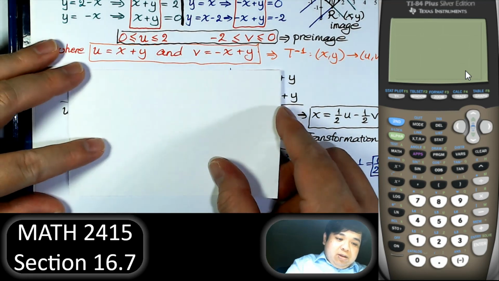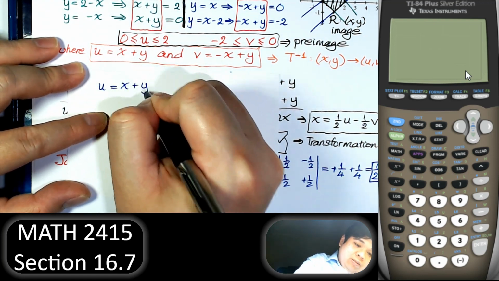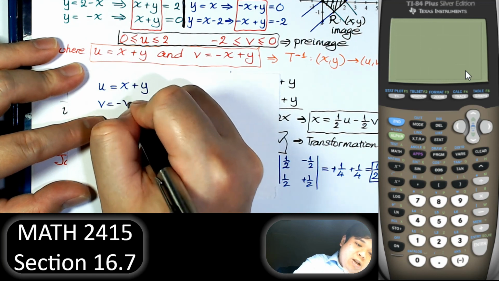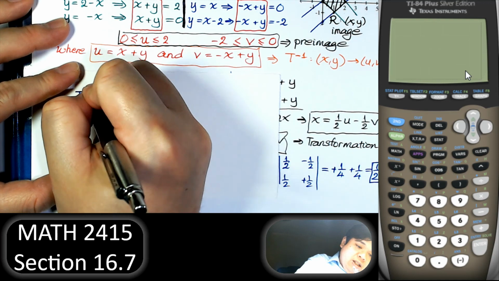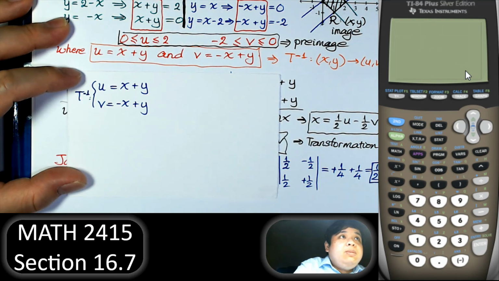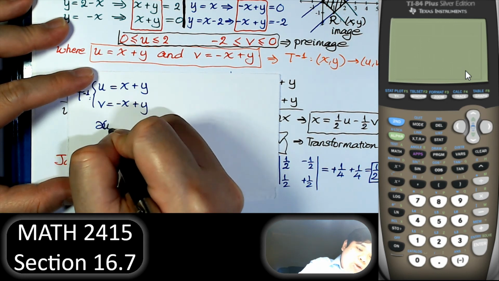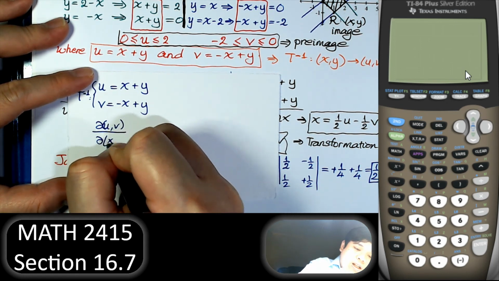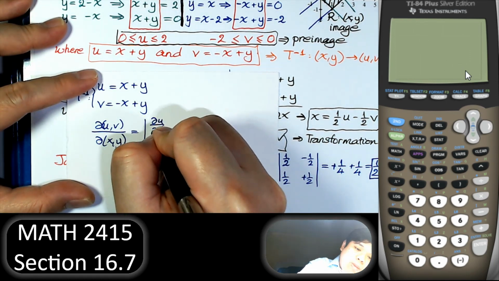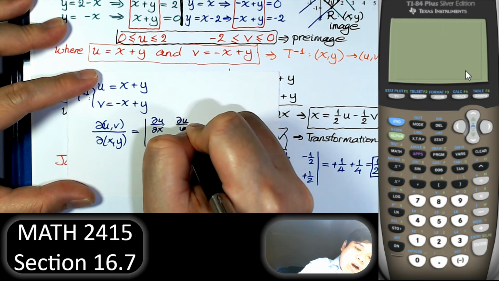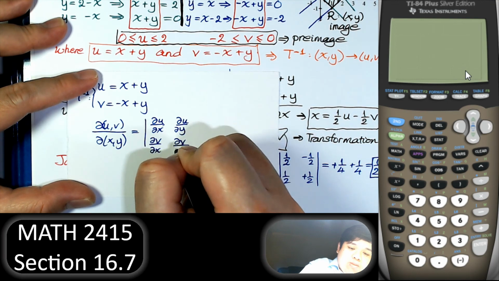Another way to do this is this. Now if you write u is equal to x plus y, v is equal to minus x plus y. This we said before is the inverse transform. Now instead of finding the Jacobian, we can also write d of uv over d of xy, right? Which is partial derivative of u with respect to x, derivative of u with respect to y, derivative of v with respect to x, derivative of v with respect to y.